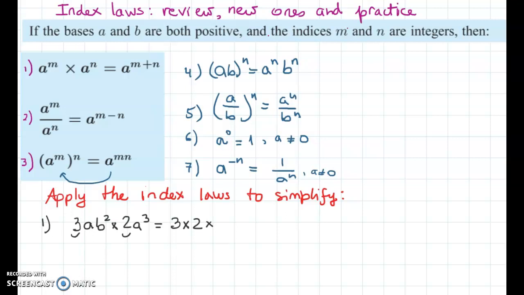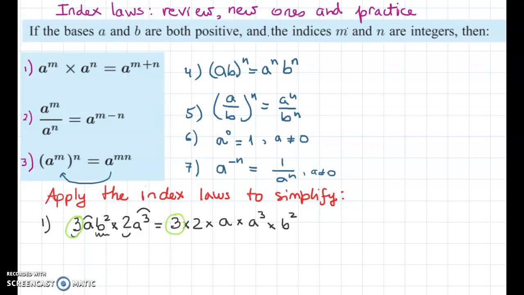Then we have one copy of a times a, and then we have a cubed as well. And then to finish, we have one copy of b squared. I'm just going to go over the factors I have in the original expression to make sure that I didn't forget anything.